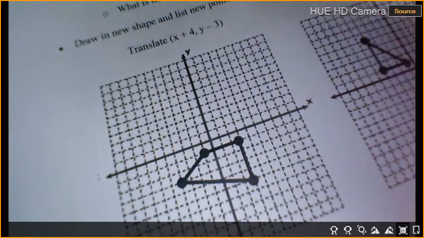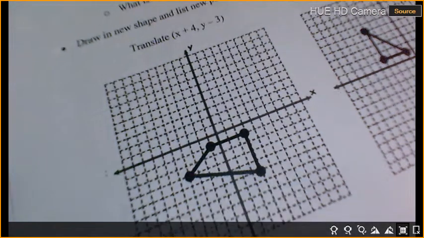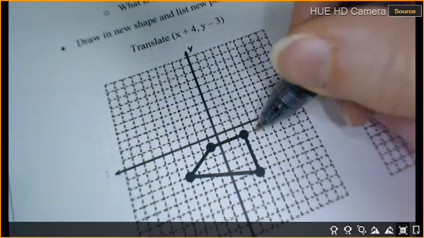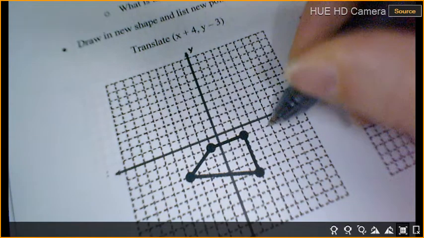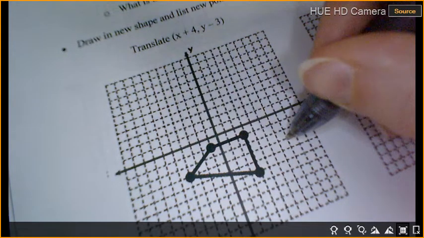We're going to move all of these 4 units to the right, 3 units down. So we're going to go 1, 2, 3, 4, 1, 2, 3.